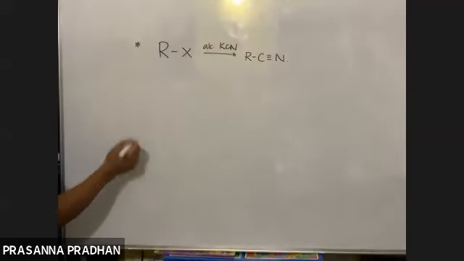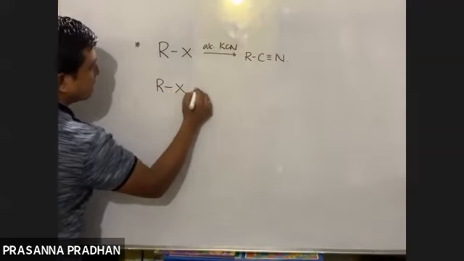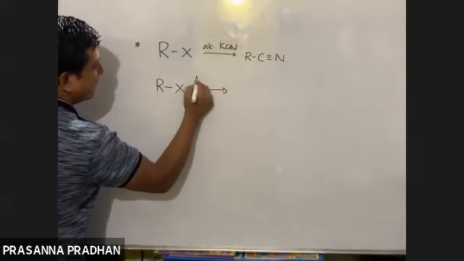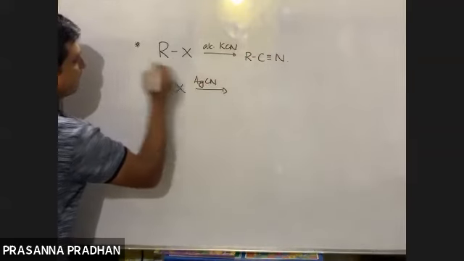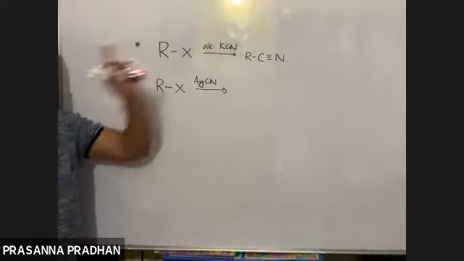Fine. Now, on the other hand, when alkyl halides are treated with AgCN, silver cyanide, here we are treating with potassium cyanide, we get alkyl cyanide.